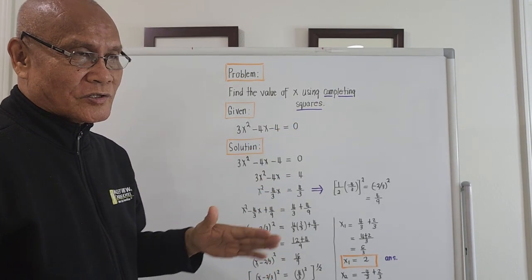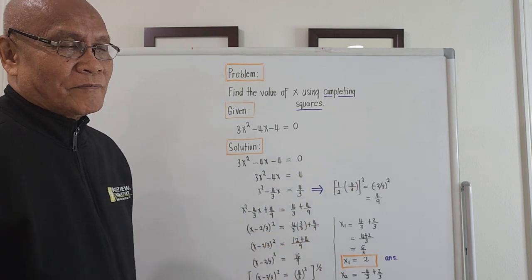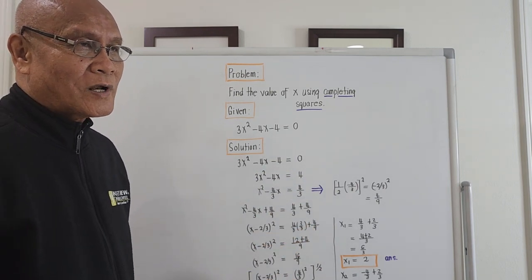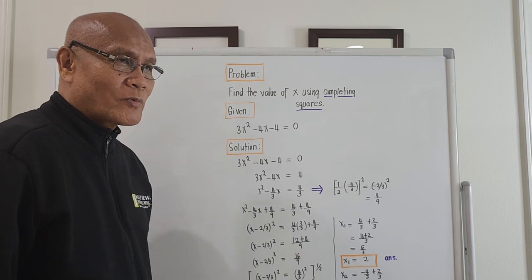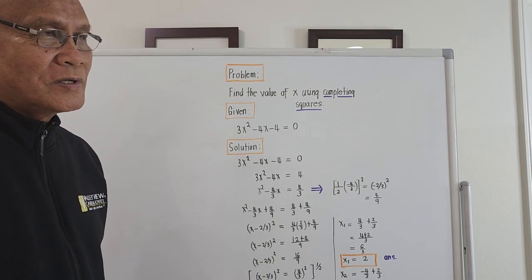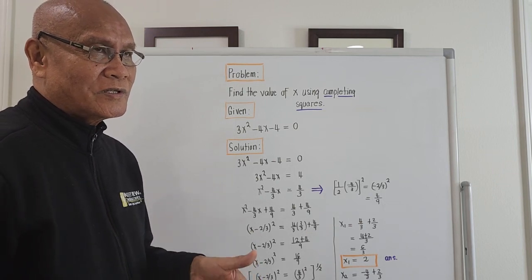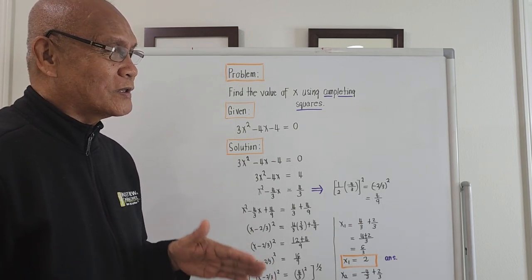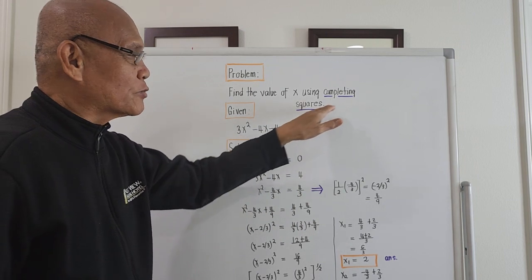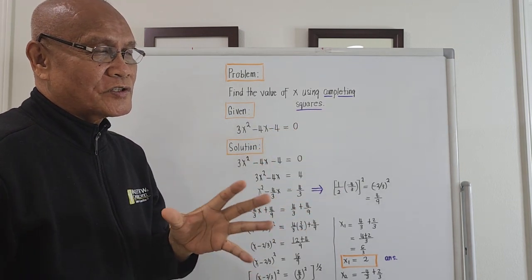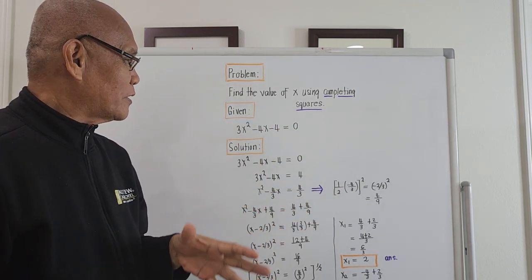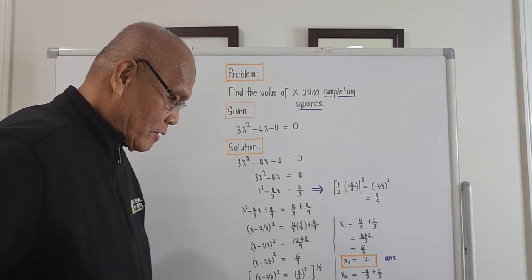The next solution would be using the standard quadratic formula, but the problem is not asking that. What the problem is asking is completing squares. So let's bring out the solution by using completing squares.